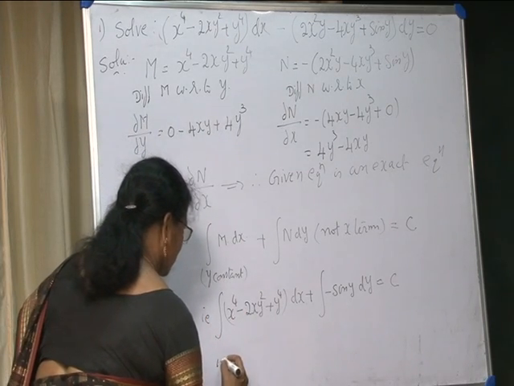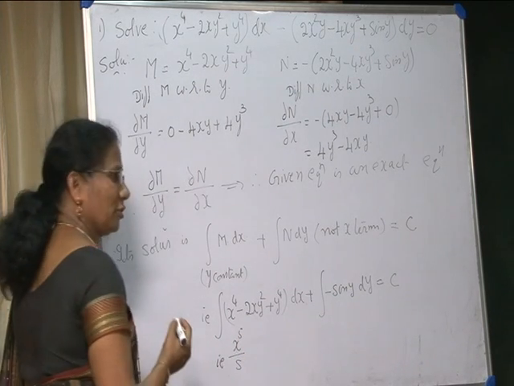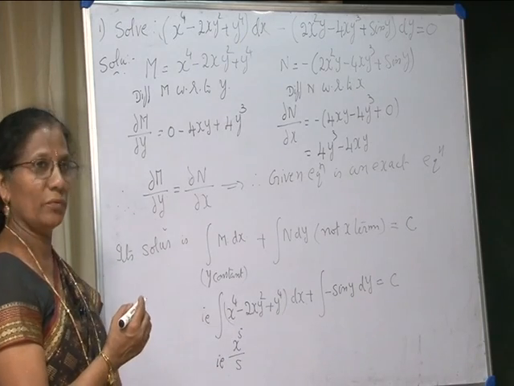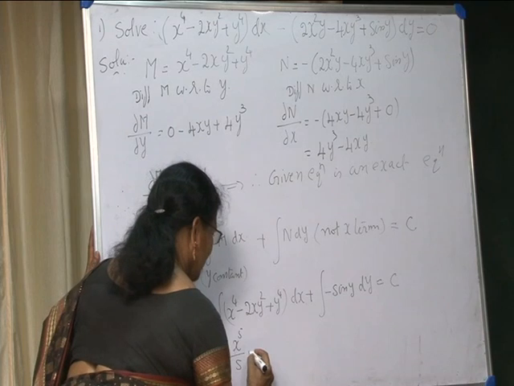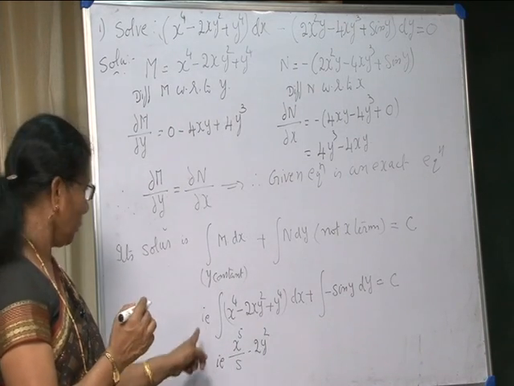That is x to the power of 5 by 5. Integration of x to the power of 4 is x to the power of 5 by 5, minus 2y squared, keeping y constant.